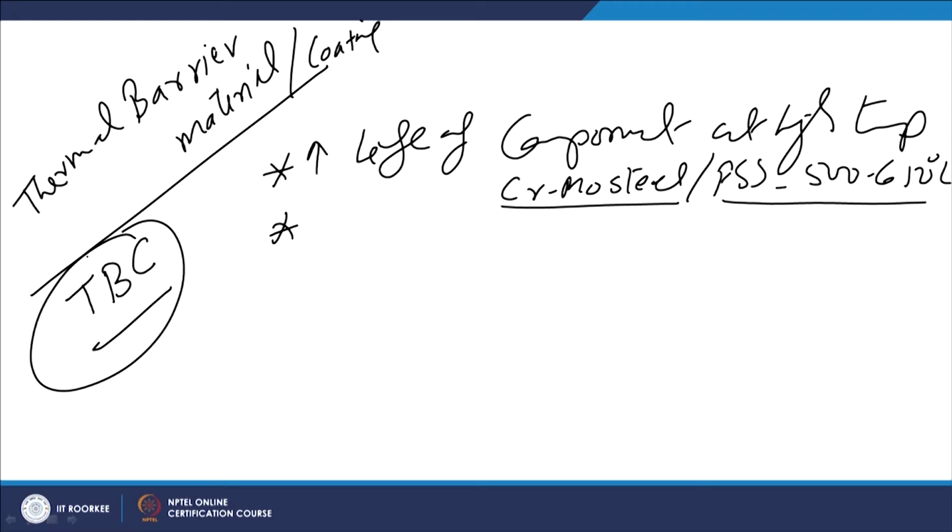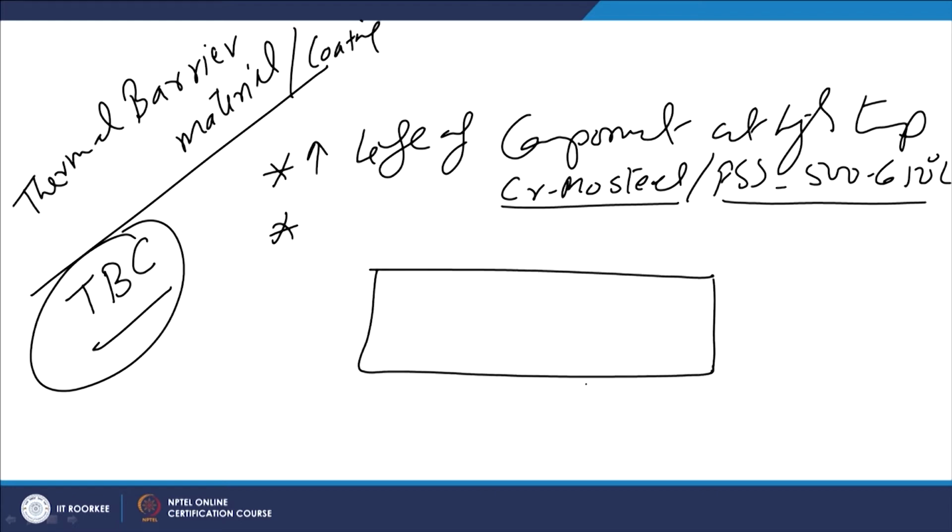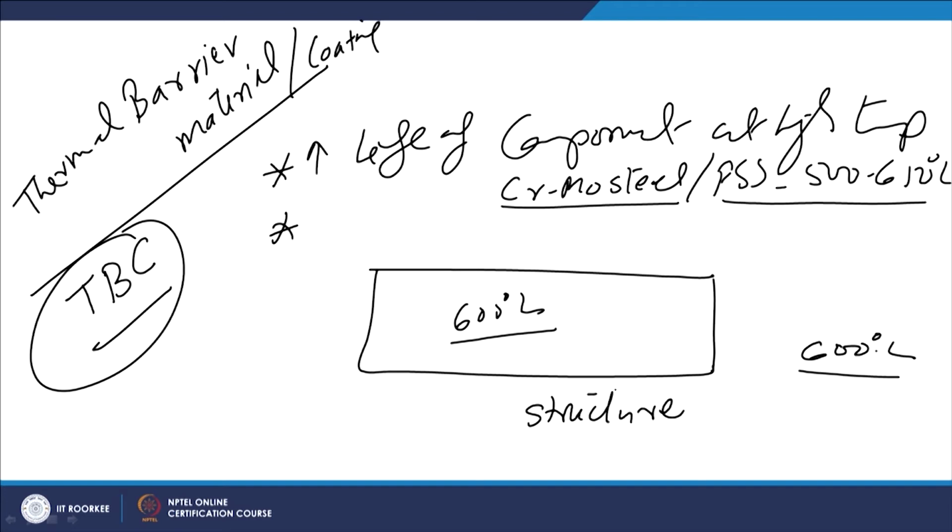Another aspect related to this is that whenever there is a reduction in temperature, consider a component working in the temperature range of, say, 600 degree centigrade. Under stable conditions, the entire component will be at 600 degree centigrade, and whenever the entire component is exposed to such a high temperature, it experiences structural degradation and structure modification.